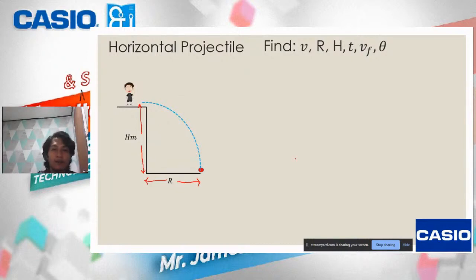Okay? Now, what is the value of our velocity? So the value of our velocity is just equal to the value of our velocity along x component. Since like what I've mentioned kanina pa, sa horizontal projectile, ang initial velocity is horizontal lang. So walang values tayo at that point na ni-release siya, wala tayong y component.